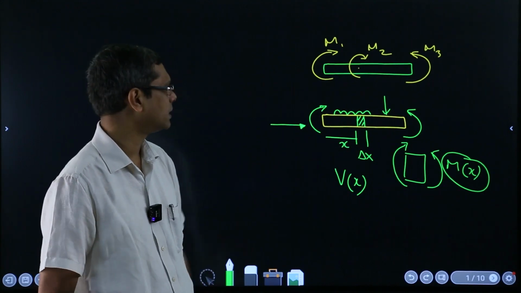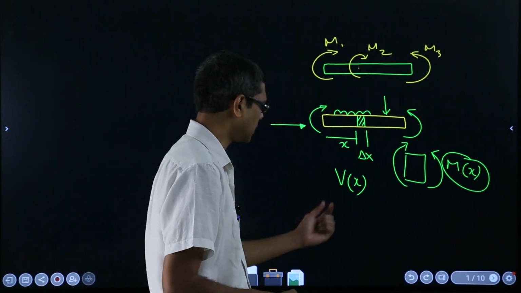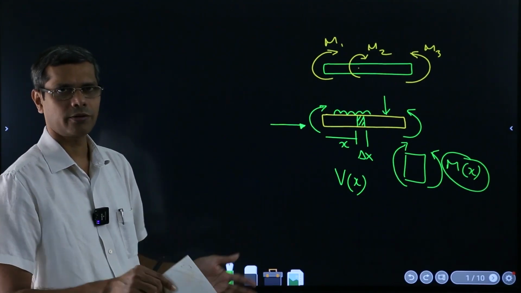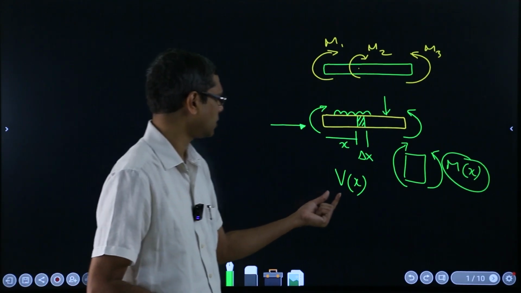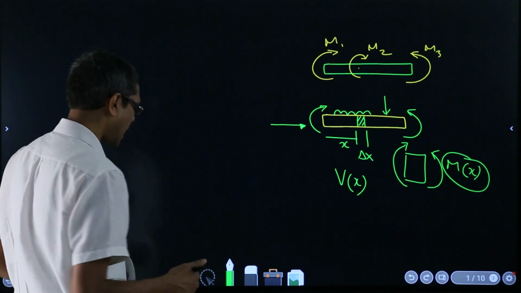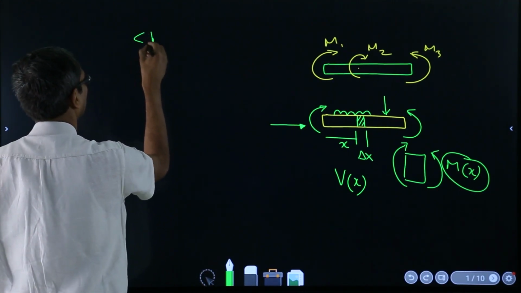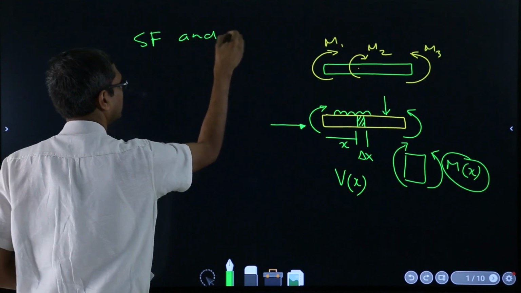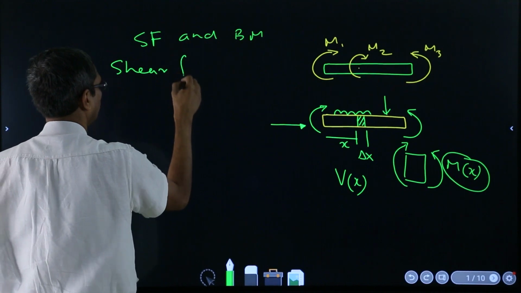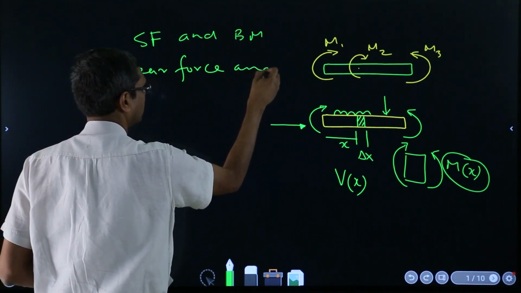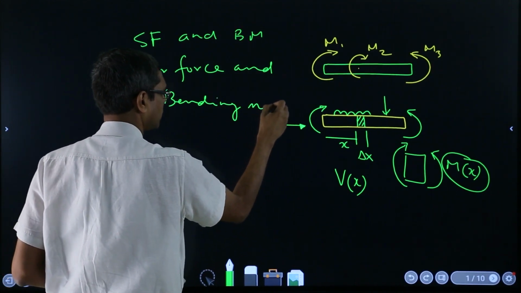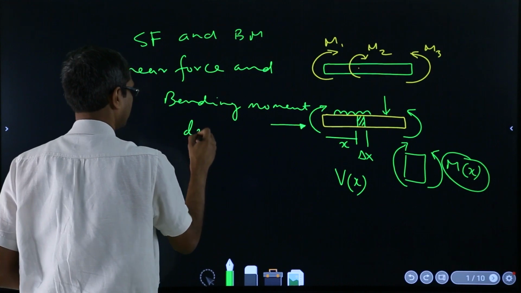The graph or plot of variation of shear force and bending moment with respect to x is called the shear force and bending moment diagrams, SF and BM diagrams.